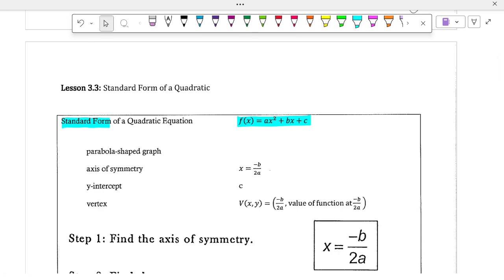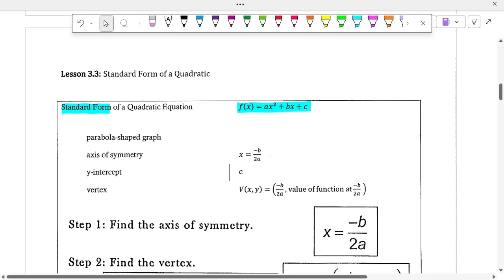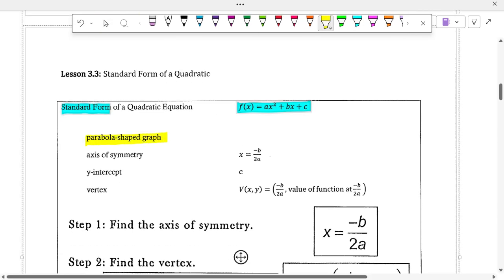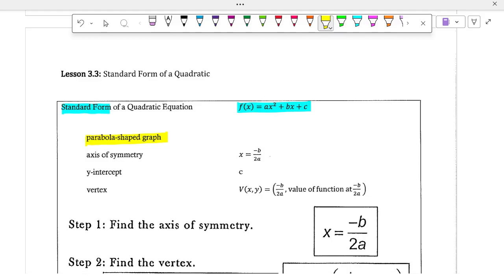Now, remember, it's still a parabola-shaped graph. All right? Now, that shape we can tell based off of the a value. So, if it's going upward, that means our a value is positive.